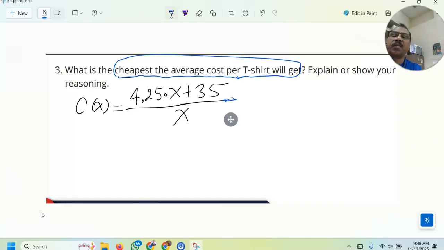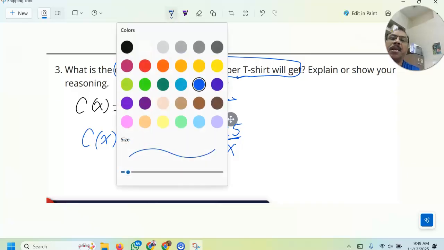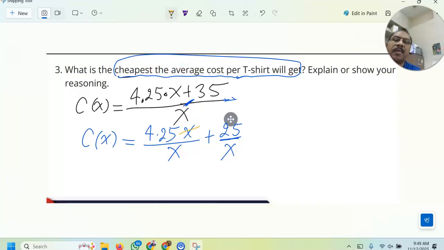Now if you see this, we can rewrite this equation and separate this. We can divide each term by x: 4.25x divided by x plus 25 divided by x. What that means is the x in the numerator and the denominator cross out. So we can cross out this x and this x cancels out.